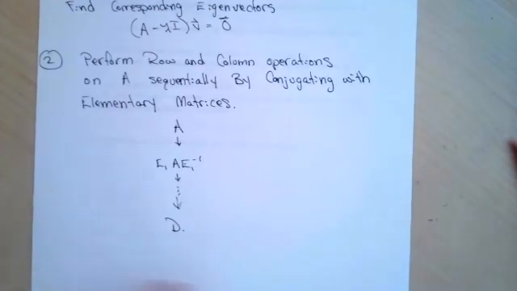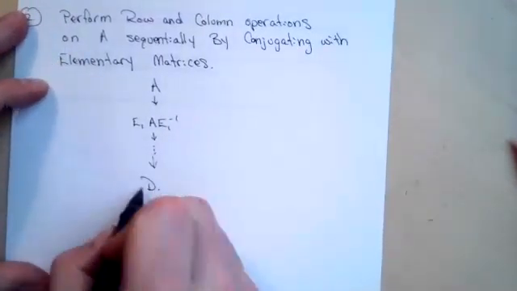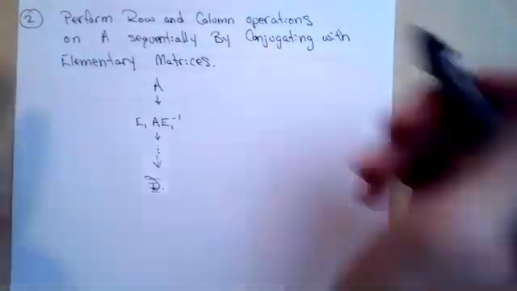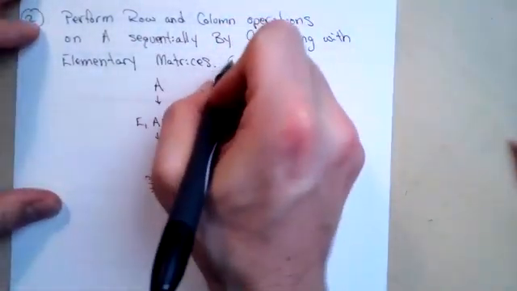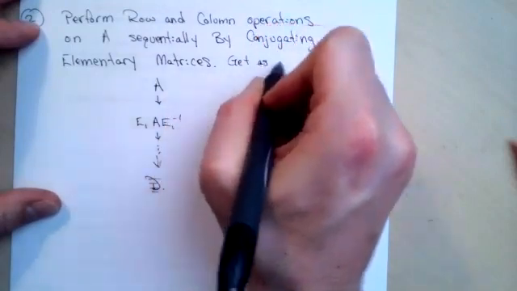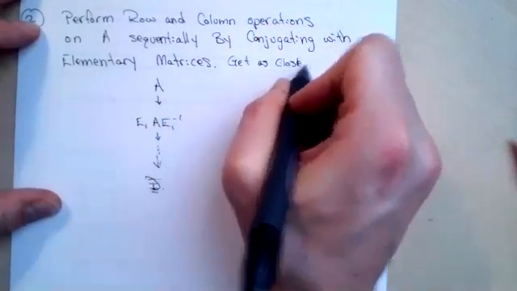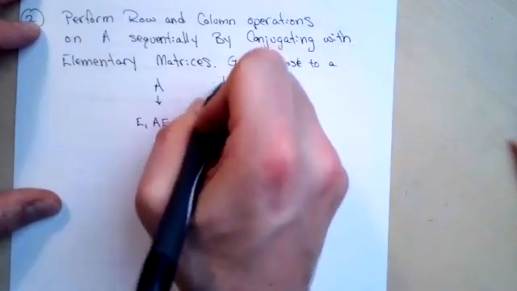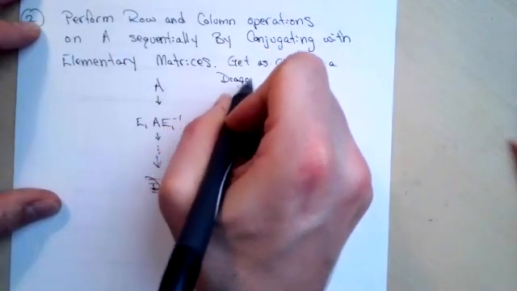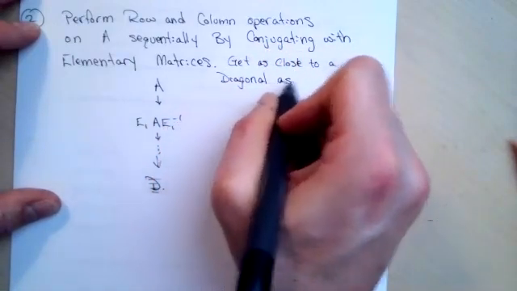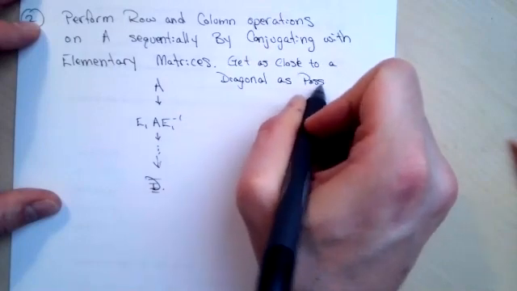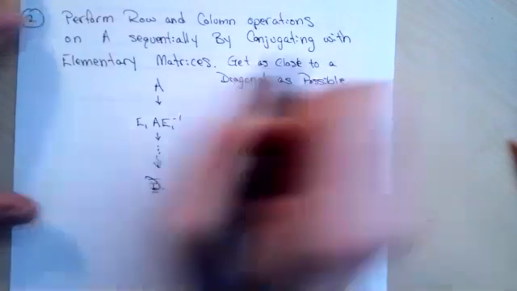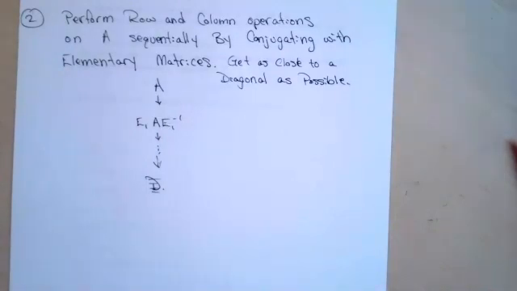a diagonal matrix. Or I guess we shouldn't say a diagonal. Sometimes you won't get a diagonal matrix. Get as close to a diagonal as possible. So at least if you can get a triangular matrix, you can find the eigenvalues pretty easily.